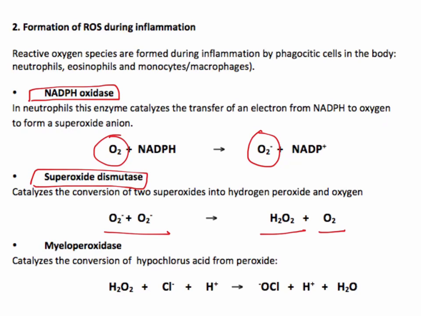Now, hydrogen peroxide is not by itself highly antimicrobial, but it can be converted into a powerful toxin, hypochlorous acid, by the enzyme myeloperoxidase. So, phagocytic cells such as neutrophils and macrophages use respiratory burst enzymes, NADPH oxidase and myeloperoxidase, to produce antimicrobial reactive species.